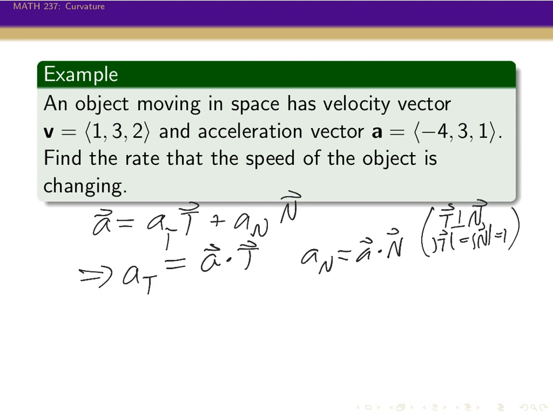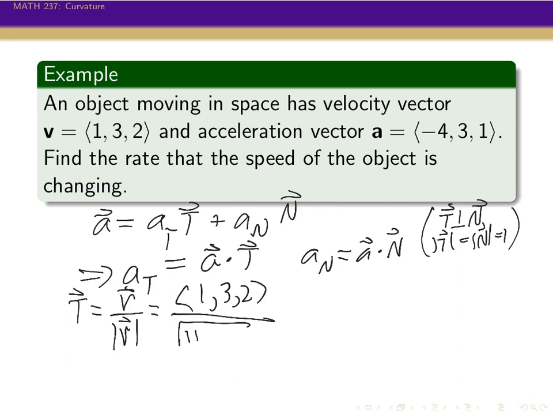Well, our velocity vector is <1, 3, 2>. So what's our unit tangent vector? Well, it's going to be the velocity vector divided by its magnitude. And so this is <1, 3, 2>, and its magnitude is the square root of 1 plus 9 plus 4, right?